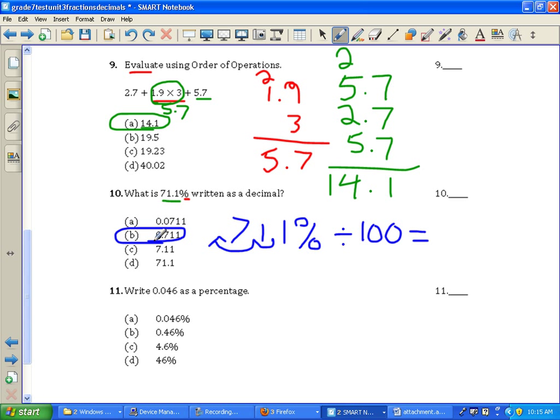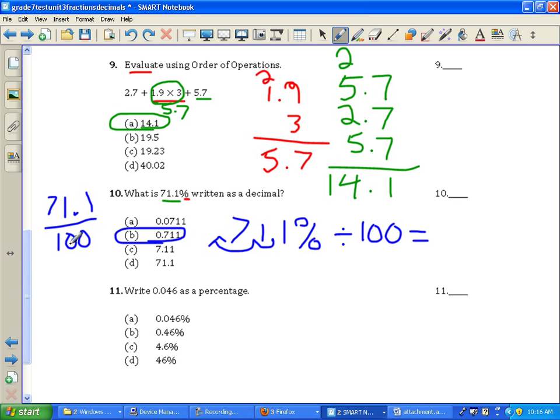Another way to get that one is to write it down as a fraction. So what if I write down 71.1% as a fraction? So I'll write 71.1 as a fraction. That would be out of 100. Because percent is out of 100. So can you write any fraction that's out of 100 as a decimal? Sure.